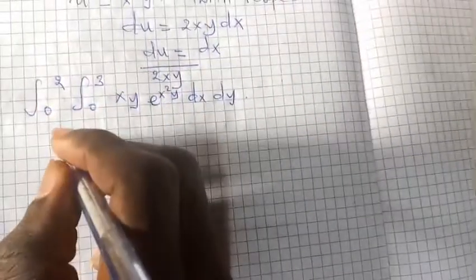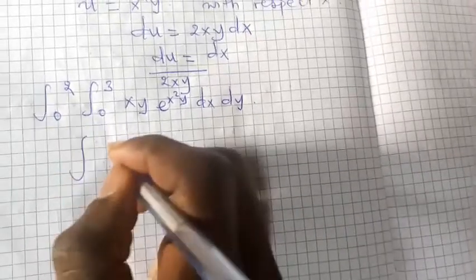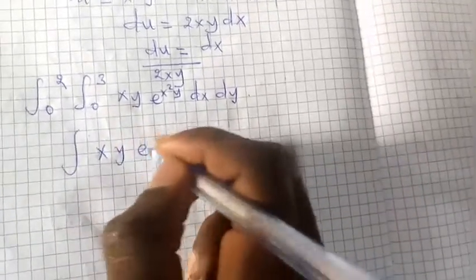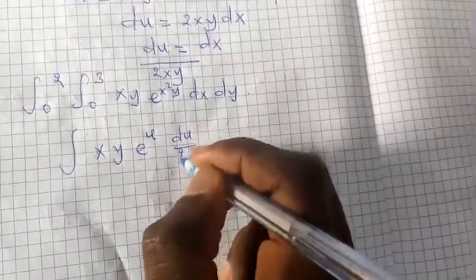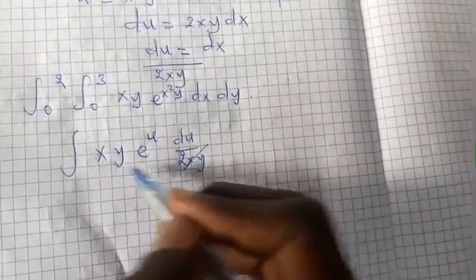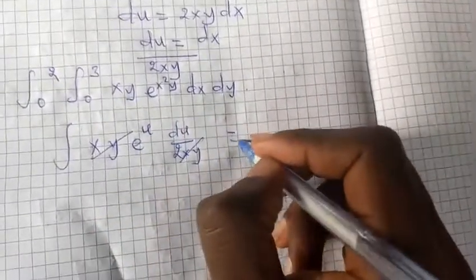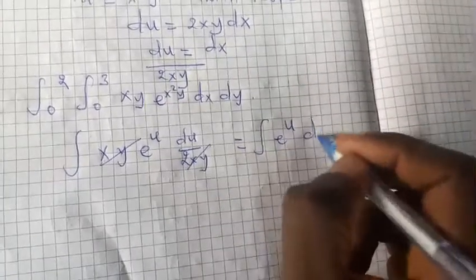So here the integral of xy e power u du over 2xy, and this xy goes with this xy, then we remain with the integral of e power u du.